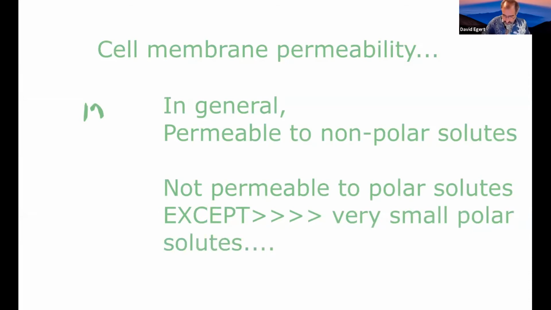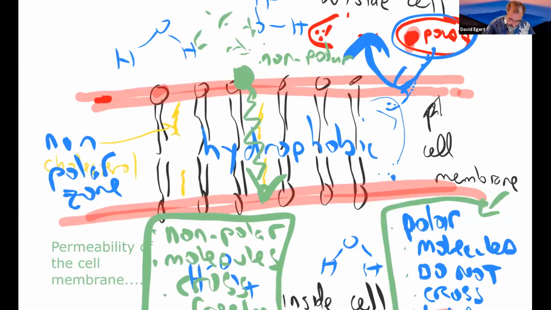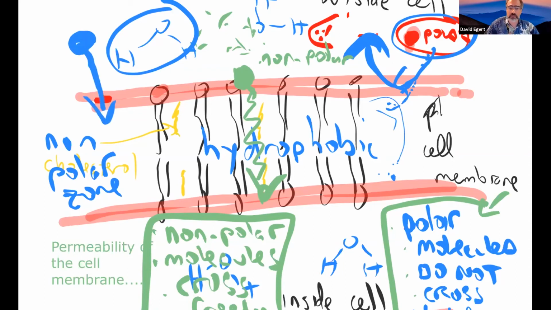So I'll show you how this works. So for instance, water. I have a water molecule. It gets down here normally from this argument I've been talking about. It doesn't want to go into the hydrophobic region, but it's really small. It has a certain momentum. It's moving super fast. By the time it gets in here and realizes I don't want to be here, it's already on the other side.